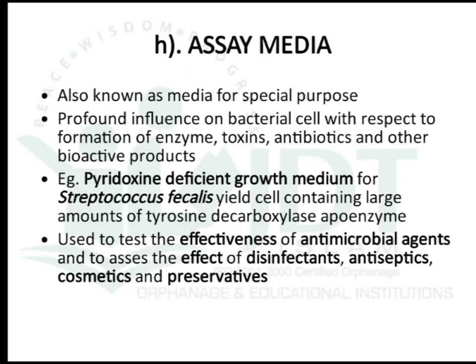And next one is assay media. They are also known as media for special purposes. They have a profound influence on bacterial cells with respect to the formation of enzymes, toxins, antibiotics and other bioactive products. The pyridoxine deficient growth media for Streptococcus faecalis yields cells containing a large amount of tyrosine decarboxylase apoenzyme. So these are used to test the effectiveness of antimicrobial agents, and also to assess the effect of disinfectants, antiseptics, cosmetics and preservatives.